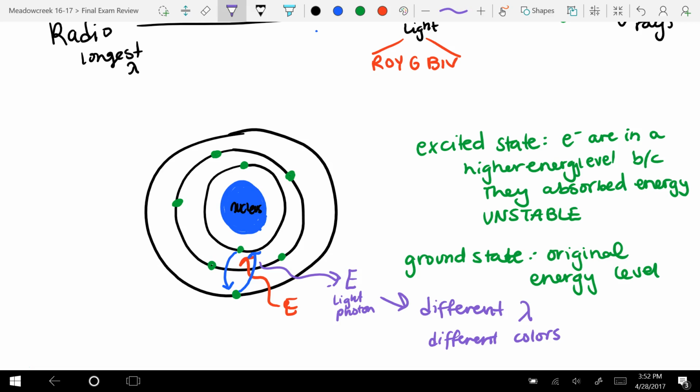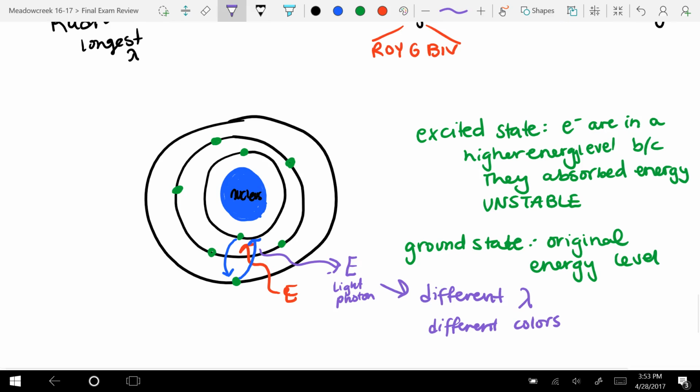So as energy is absorbed, electrons move from their ground state, their original energy level, to their excited state, which is a higher energy level because they've absorbed that energy. But because it's unstable, they're going to return to their ground state by releasing energy in the form of photons as light.